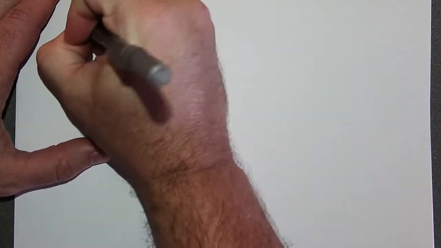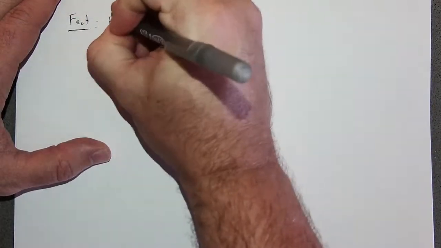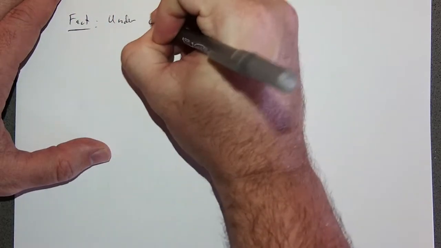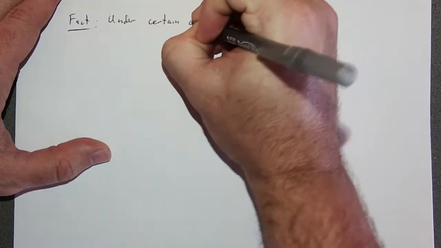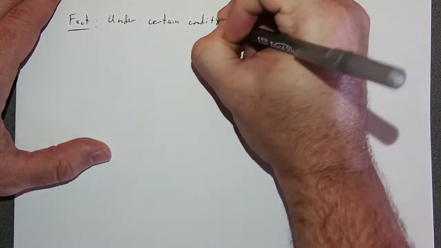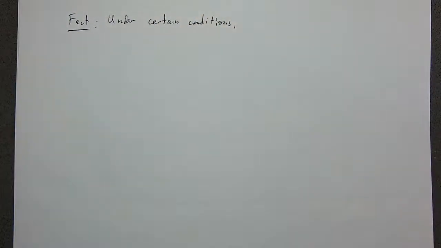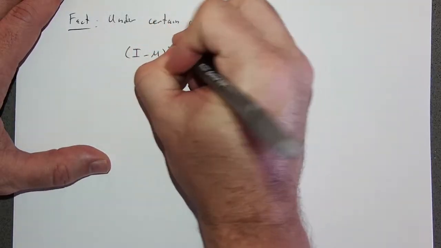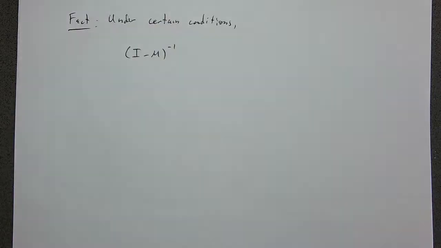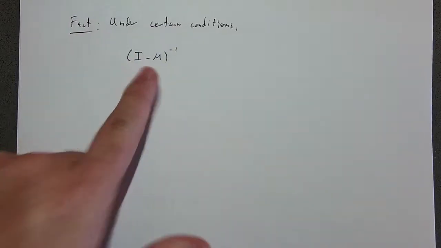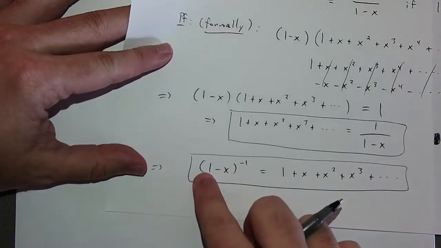Okay. So here is the fact that I'm angling toward, which is the following. Fact: under certain conditions, I can actually write I minus M inverse. Notice I plays the role of the multiplicative identity 1 here.